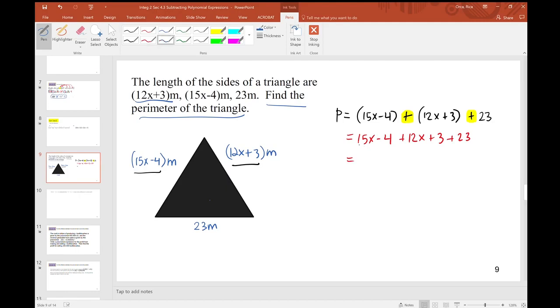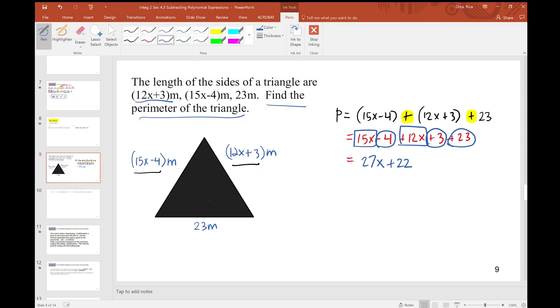Now let's combine like terms. 15x plus 12x is 27x. Negative 4 plus 3 is negative 1. Negative 1 plus 23 is positive 22. Now that we're done, let's go ahead and write our unit.